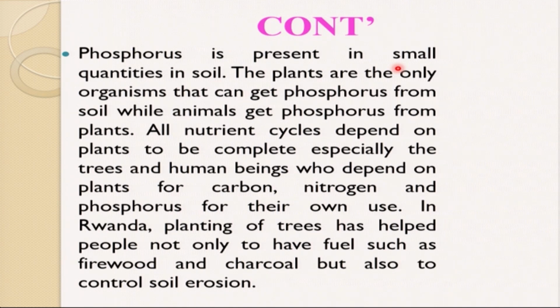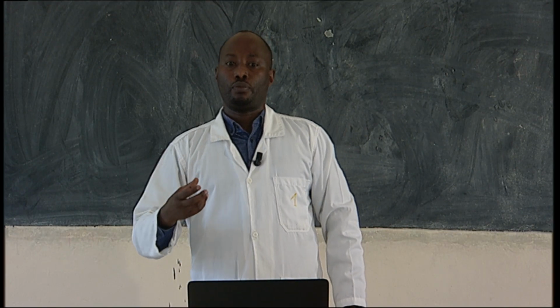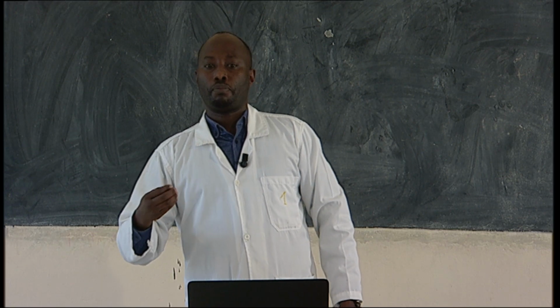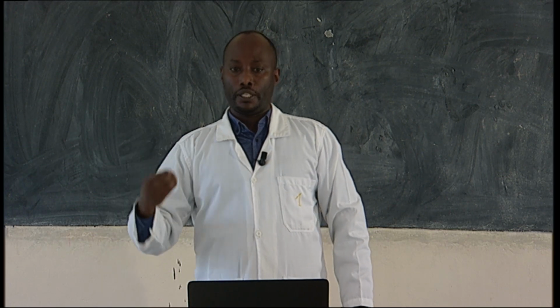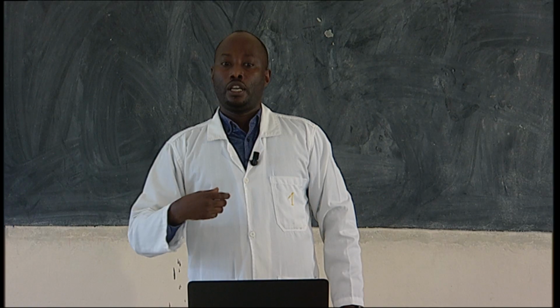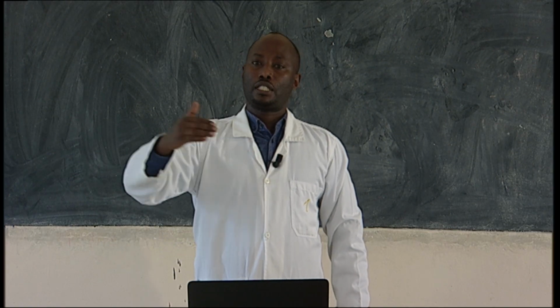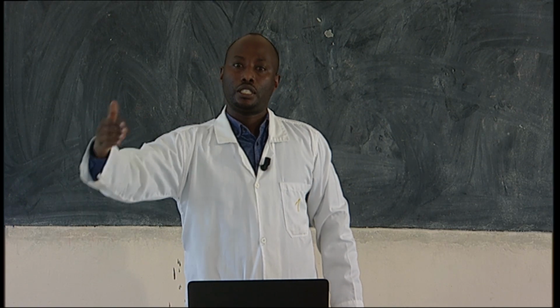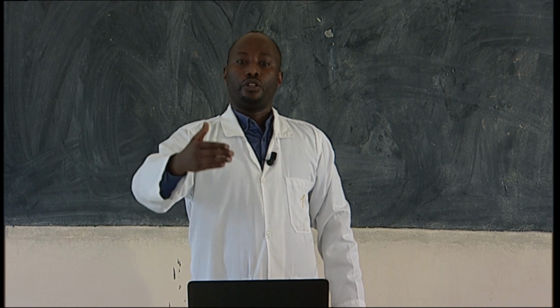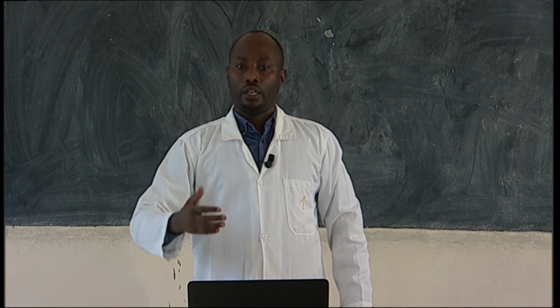Phosphorus is present in small quantities in the soil. Plants are the only organisms that can get phosphorus from the soil, while animals get phosphorus by absorption or by eating the plants. All nutrient cycles depend on plants. We have seen that plants are very important because they make the nutrient cycle keep saturating on the earth.